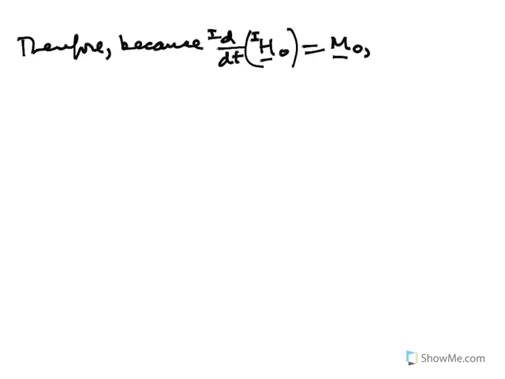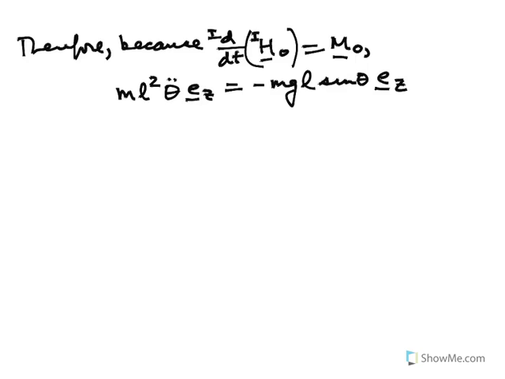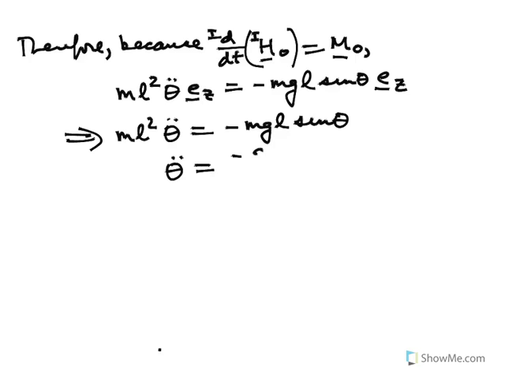So therefore, because the rate of change in the inertial frame of H_O in the inertial frame is equal to M_O, we obtain that m L squared theta double dot EZ is equal to minus mgL times the sine of theta times EZ, which gives that m L squared theta double dot is equal to minus mgL times the sine of theta, which gives theta double dot is equal to minus g over L times the sine of theta.